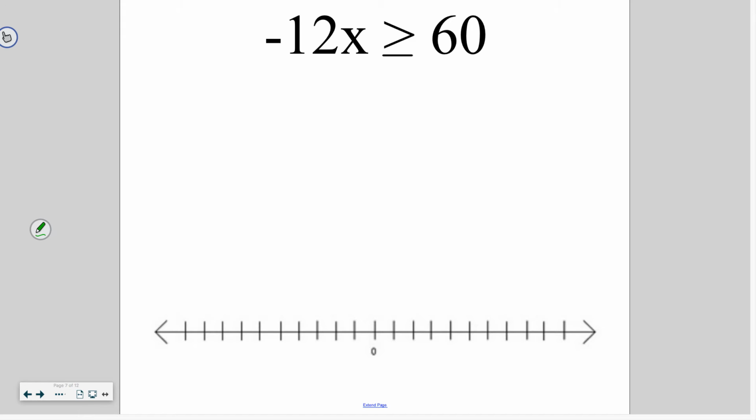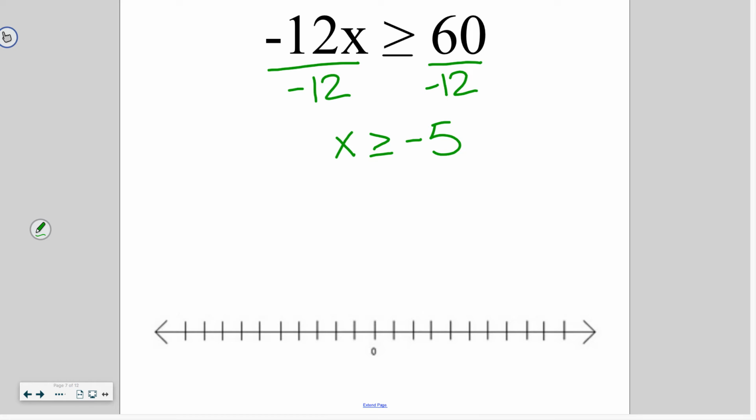Last case that we have here, so I have negative 12x is greater than 60. So I'm still going to solve by dividing by negative 12 on both sides. And I'm going to get an answer of x is greater than or equal to negative 5.